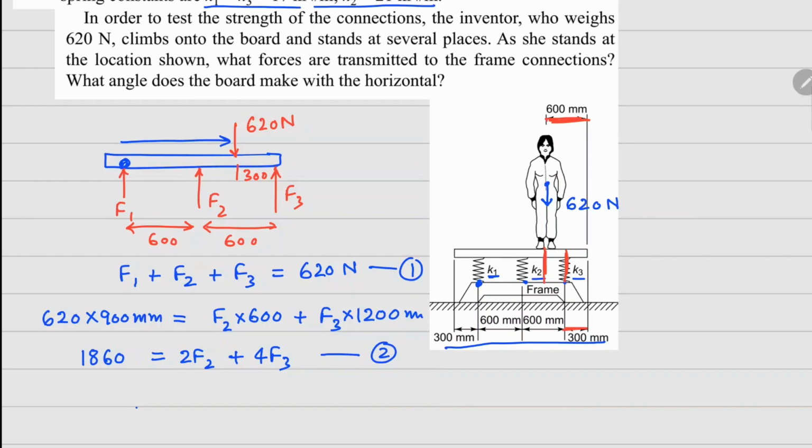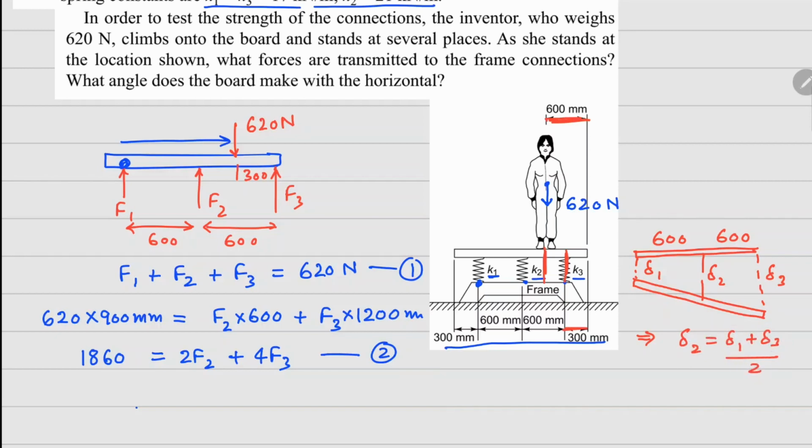Now there are three unknowns, two equations. So again we look for a relationship for deformation. Originally this plank was like this, and after deformation it will become something like this. Because these two are the same distances from here, if this is delta 1, this is delta 3 and this is delta 2, we can see geometrically that delta 2 is going to be an average of delta 1 and delta 3.